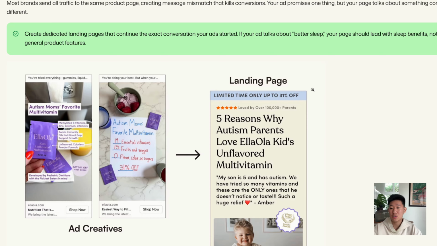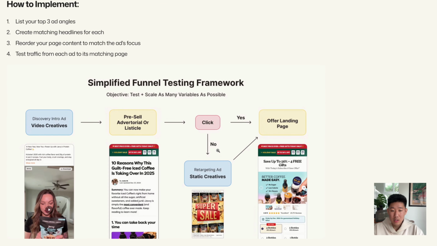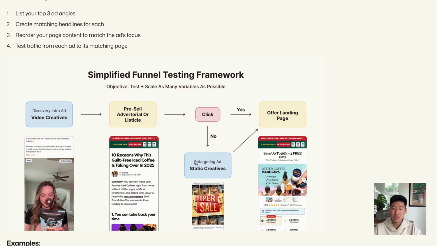So this is where you can use duplicates or variations of your pages. And this is just a simple graphic to communicate the idea of having a funnel testing framework.